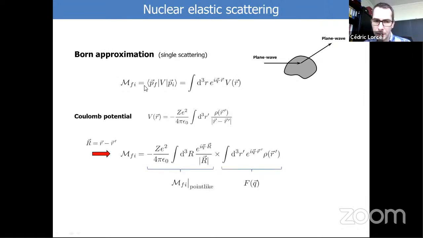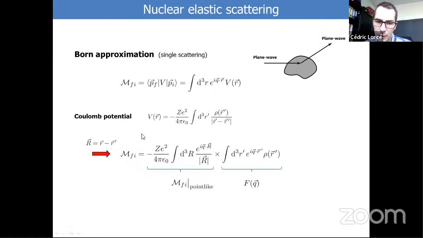And if you look at the particular case of a Coulomb potential that you will write just as the sum over all the charges, the point charges, and you distribute it with a distribution rho, you integrate over all the positions of the point charges, you get the total Coulomb potential.